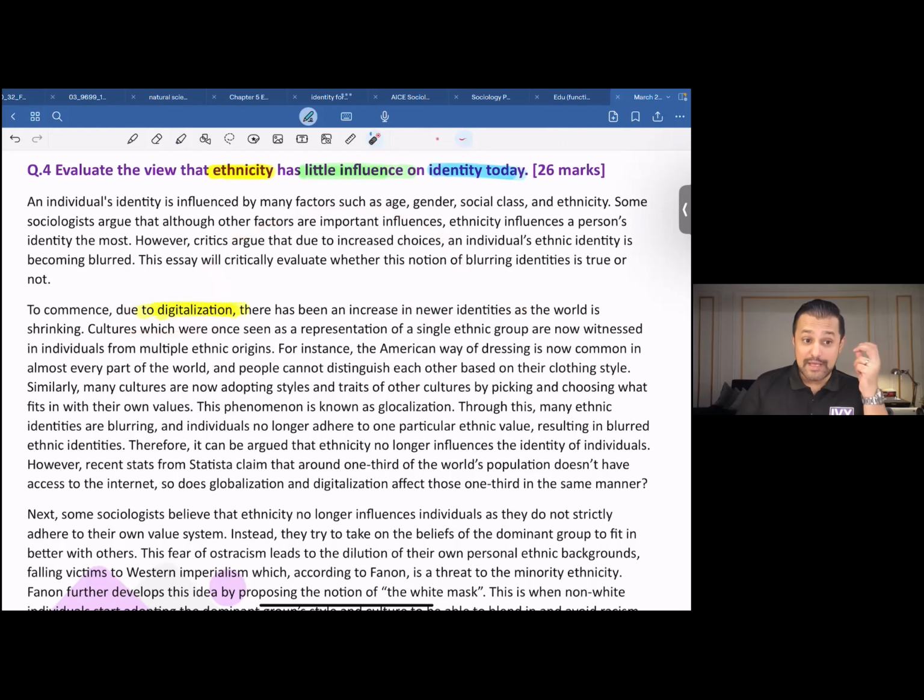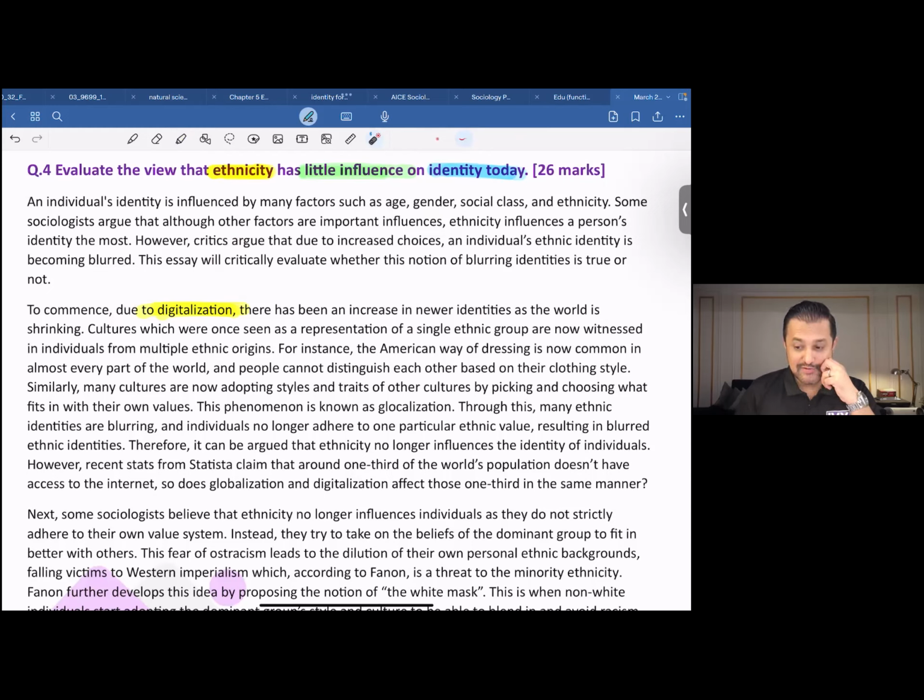So to commence, due to digitalization, there has been an increase in new identities as the world is shrinking. How is the world shrinking? I've seen people in my country following K culture, K dramas, K music, Korean, right?